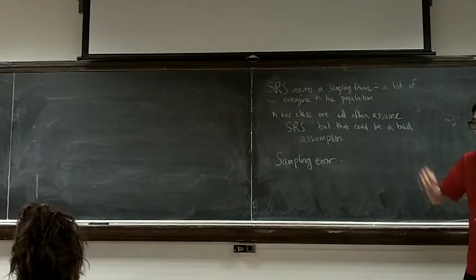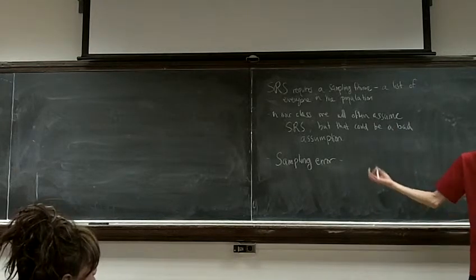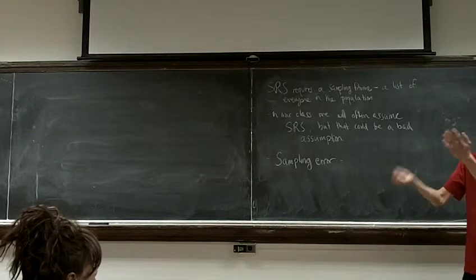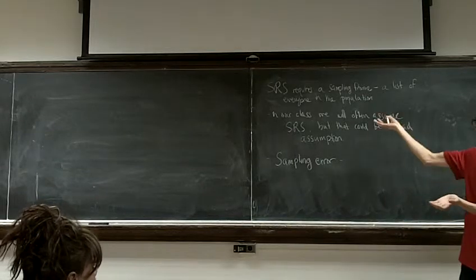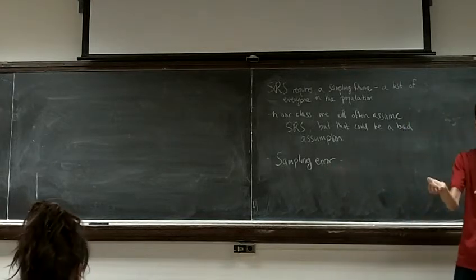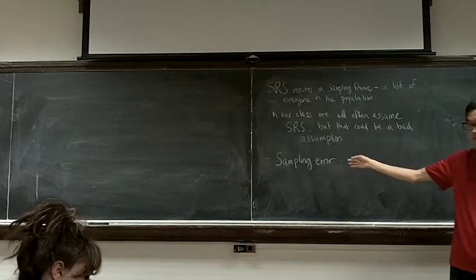And if we check another day, even if it's random sampling, we might find that 50% of babies born are female, or something like that. Because of the nature of randomness, there's an inherent difference between samples, and that difference is sampling error.